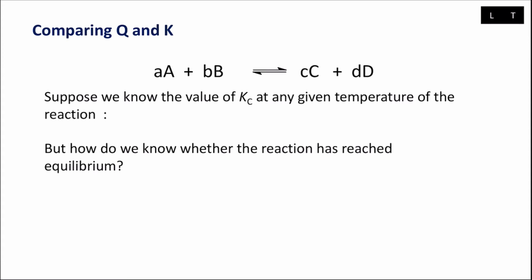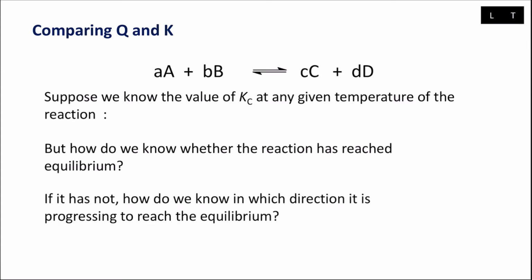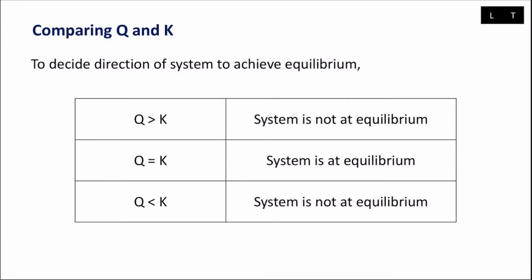And if it has not, how do we know the direction the reaction will move to reach equilibrium? This is where you apply the comparison between two values, that is, compare the value of Kc and Qc. So how do we determine the direction of a system so that the system achieves equilibrium?